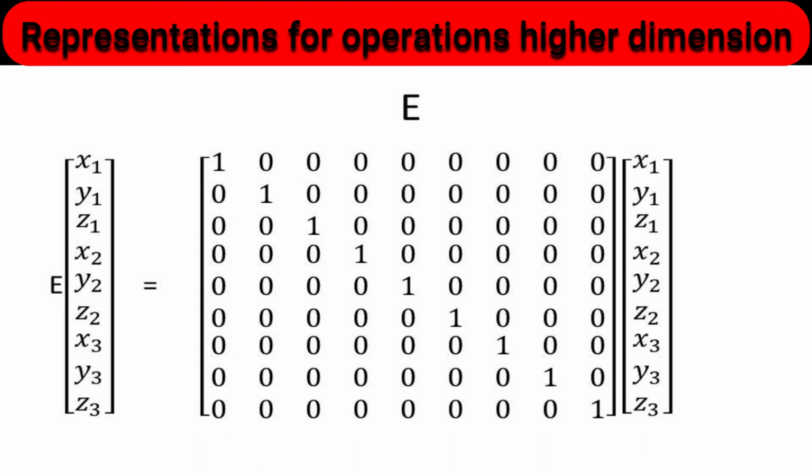On those coordinates, if I perform the identity operation, means on the water molecule, what do you think? Will there be any change in the coordinates? Absolutely not. So how can I represent that result? See, a 9 by 9 matrix is represented. Along the diagonal, 1, 1, 1, 1 is there 9 times. And then x1, y1, z1, x2, y2, z2, x3, y3, z3, such coordinates are there.